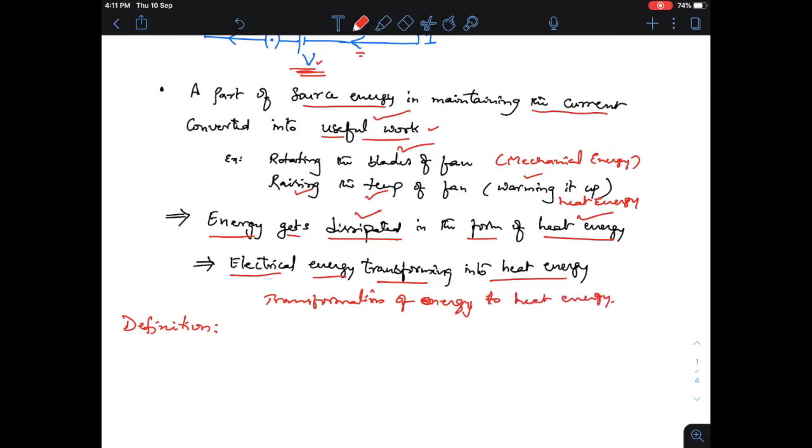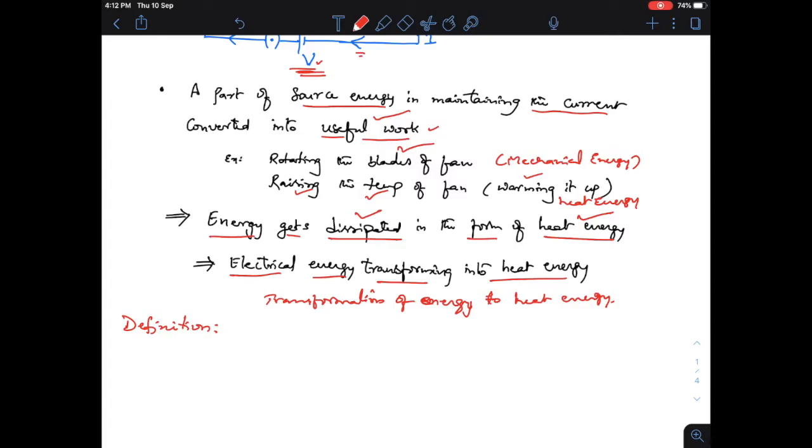Let us try to understand what that means. Now, we know in mechanics that mechanical energy is used to overcome friction and is converted into heat. Similarly, electrical energy is converted into heat energy when an electric current flows through a resistance wire.